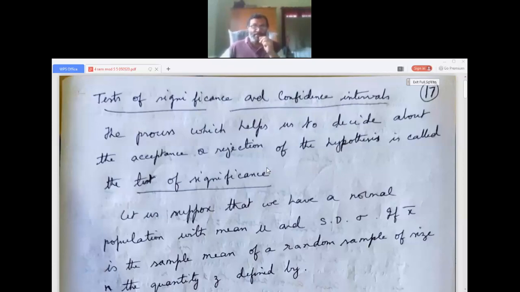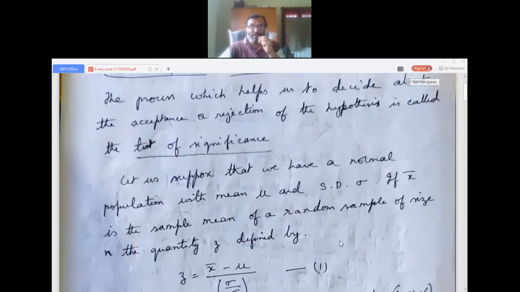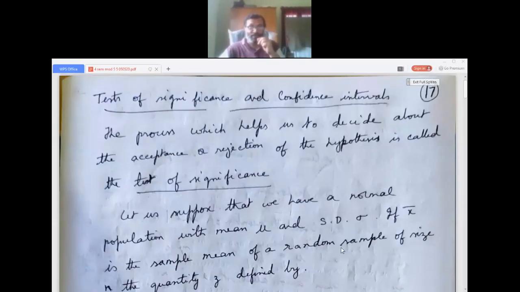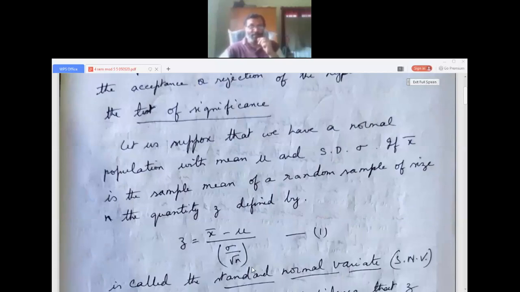If x bar is the sample mean of a random sample of size n, the quantity z is defined by, see, a new formula is coming: z equals x bar minus mu divided by sigma by root n.